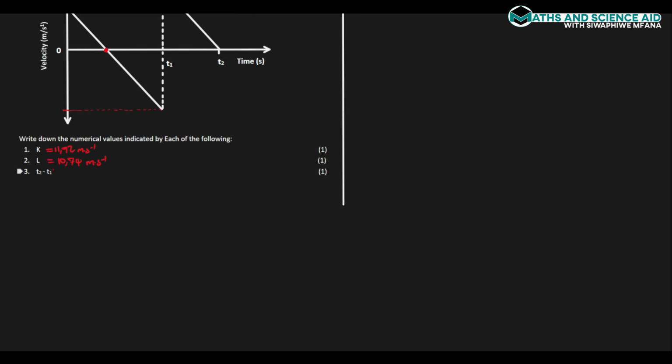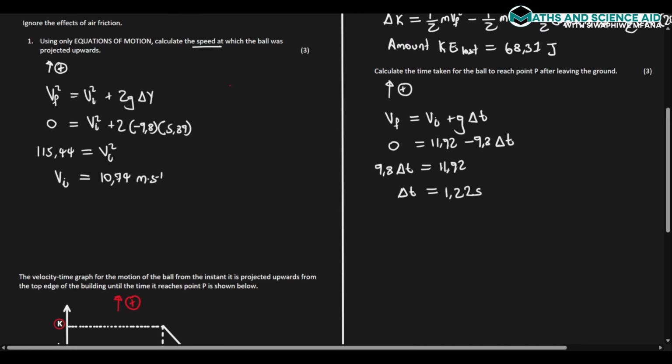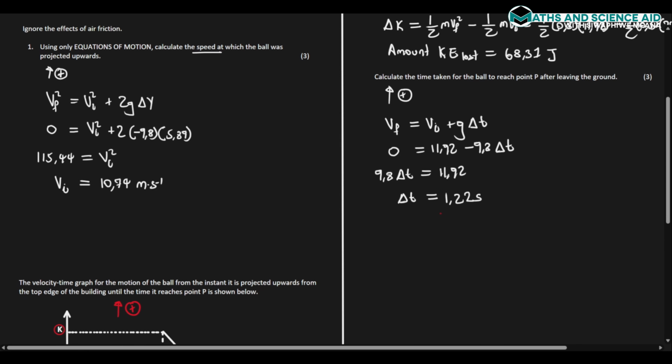And then T2 minus T1. We know that T2 minus T1 is basically the change in time, or equivalent to the time the ball took to reach its maximum height again, because you see, this is when the ball was bouncing off the ground, and now the velocity here is 0 again, which shows that this is now that second maximum height, which is point P. So we had already established in the previous question the amount of time it took the ball to move from the ground to point P, and that was equal to 1,22 seconds.